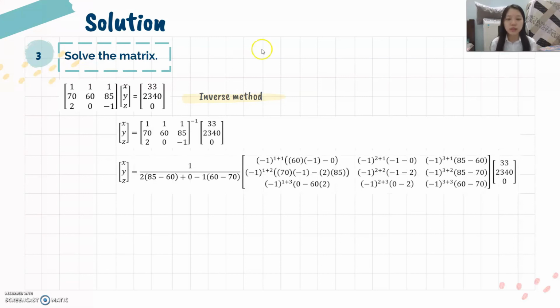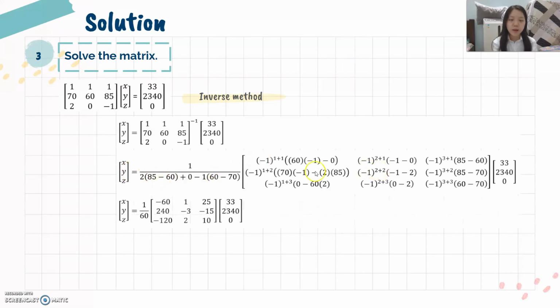So this is the formula of the inverse. After we make the matrix become an inverse, we take row 3 to become the determinant. After that, we solve it, and then we get this.